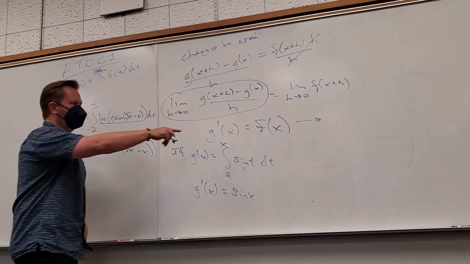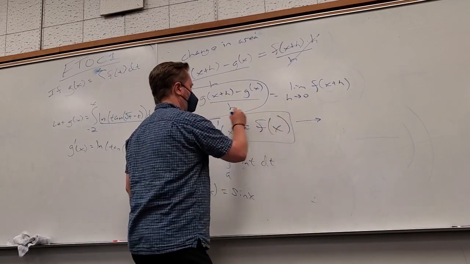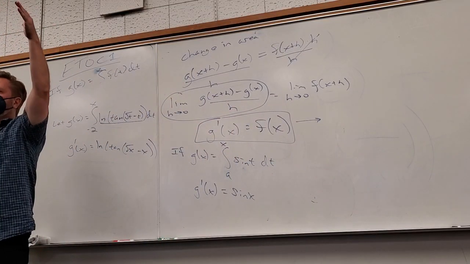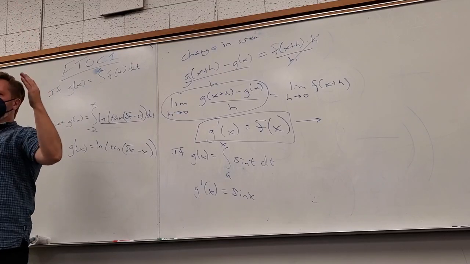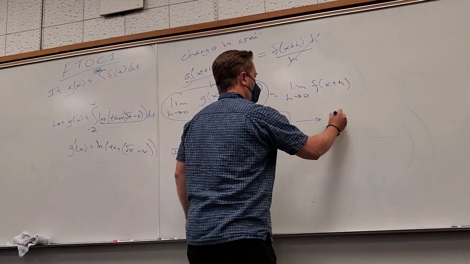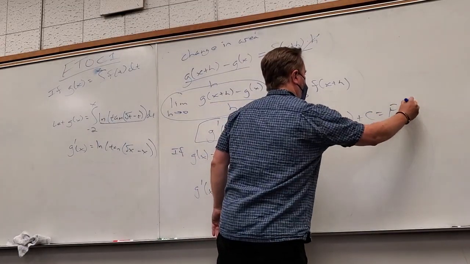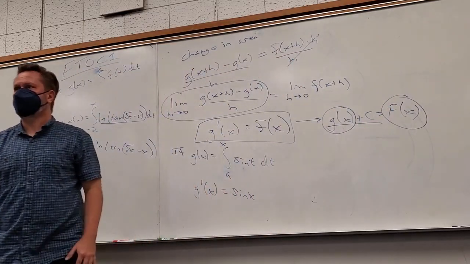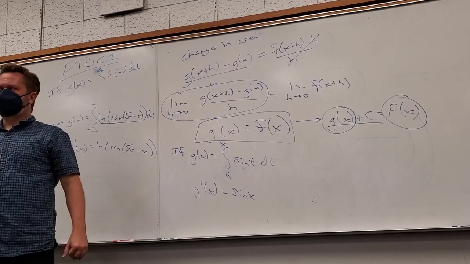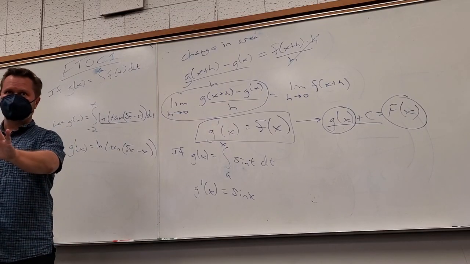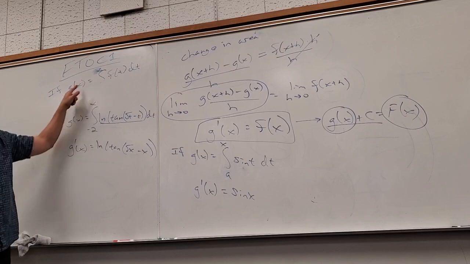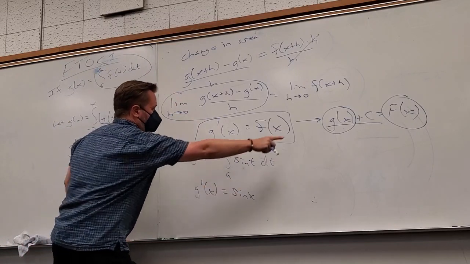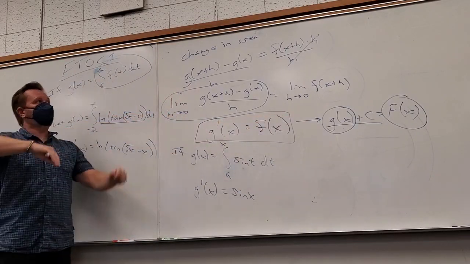Remind me, what's the main idea of g prime equals f? g of x plus c equals big F. Which means this is g, correct? So this is the antiderivative of this function.